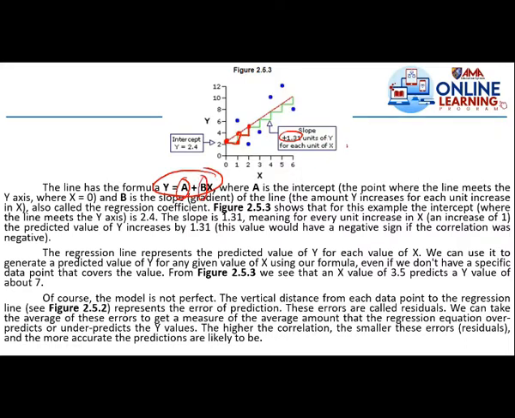So y is equal to, ang a natin is 2.4. Plus, kasi nga, we follow the a plus b x. Plus, ang slope natin is 1.31 x. So, yun.